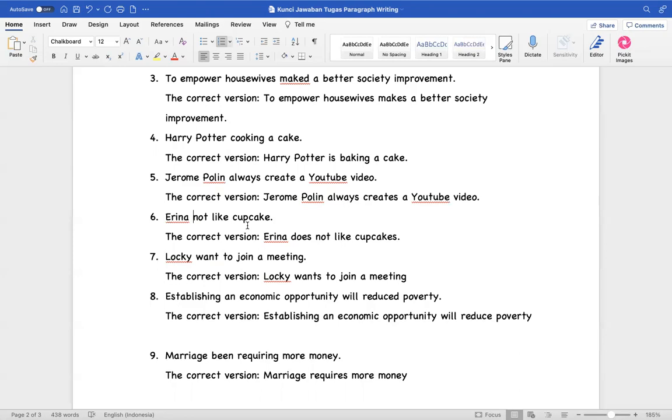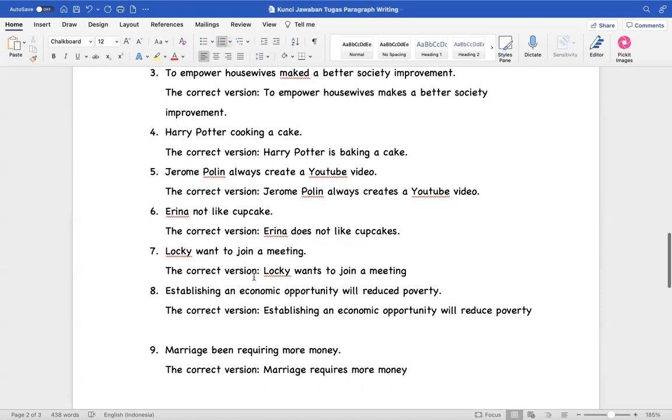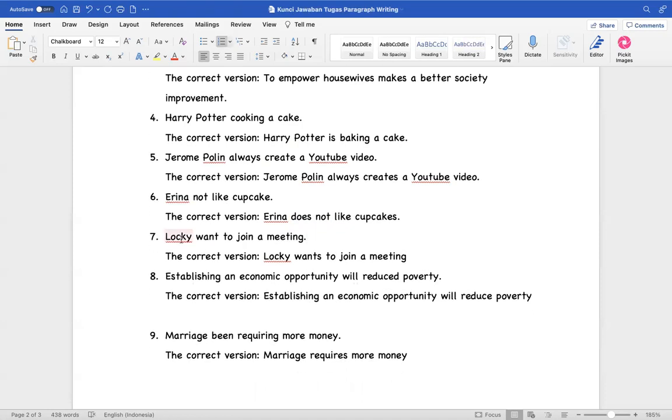Karena not itu artinya tuh enggak gitu. Jadi kalau di bahasa Inggris enggak itu harus dikasih finite verbs. Jadi ini finite verbs-nya belum ada. Nah, karena di sini Erina itu sendirian, ya udah berarti kita pakai S ya, does not like. Oke, the next we have Loki. Loki juga sendirian, jadi pakai S ya. Loki wants to join a meeting.